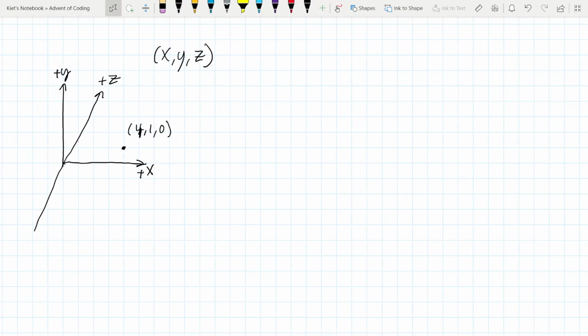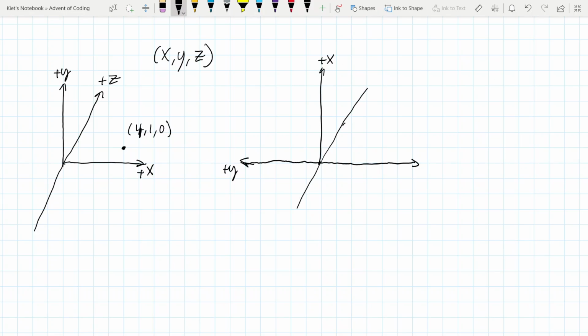So let's go ahead and do that. I'll draw the new coordinate system. It's going to look something like this. I'm going to try to be neat. Okay, so this is the x. This is positive y, and then we still have our positive z-axis going there. And the point is still at the same position.